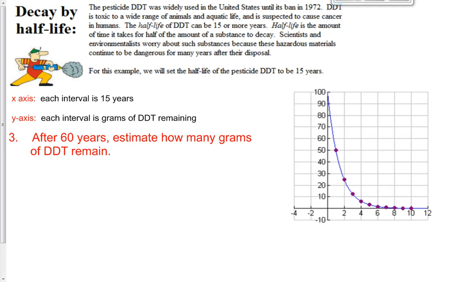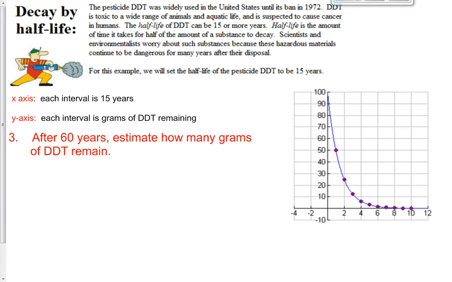The half-life of DDT can be 15 or more years. The half-life is the amount of time it takes for half of the amount of a substance to decay. Our world has a natural way of decomposing different substances. When you throw a banana peel on the ground, in about a week that banana peel is gone. It's biodegradable.